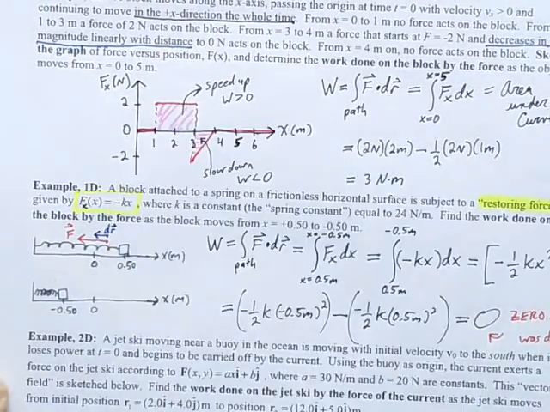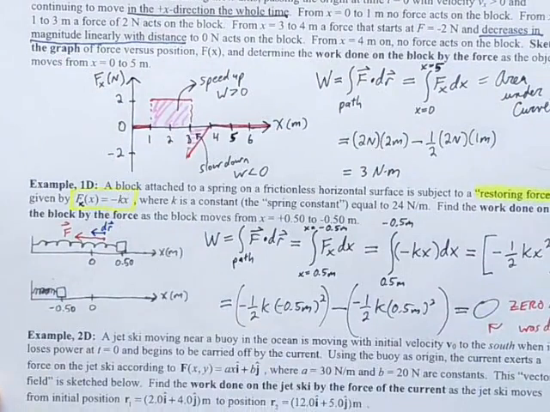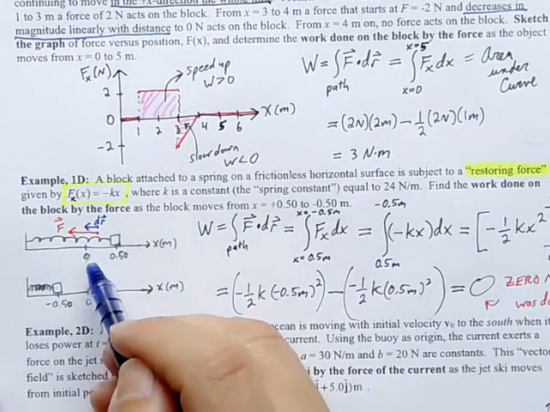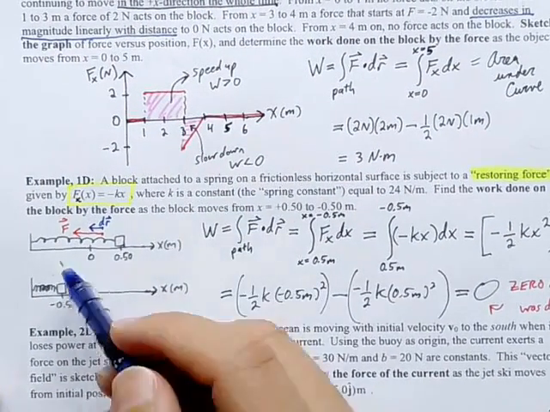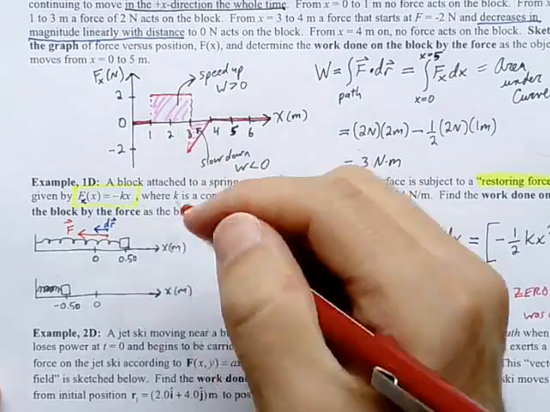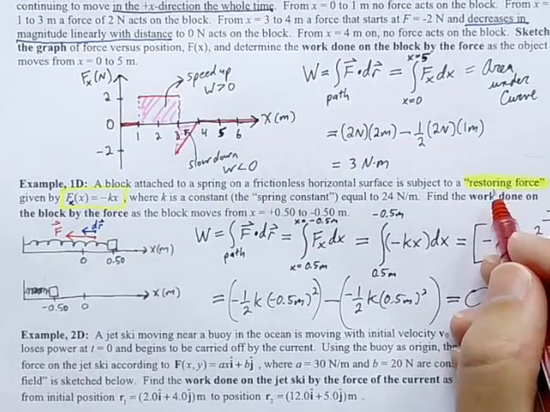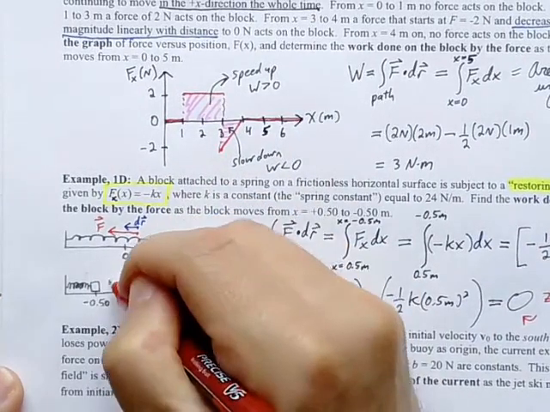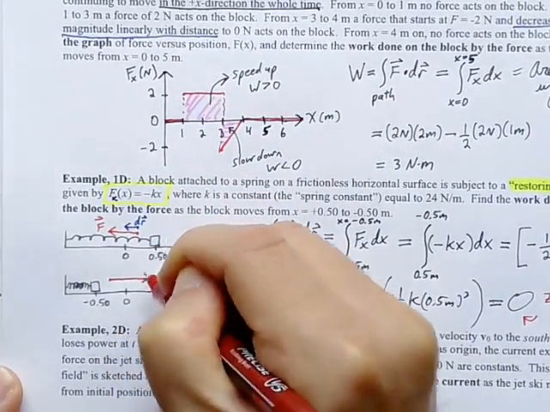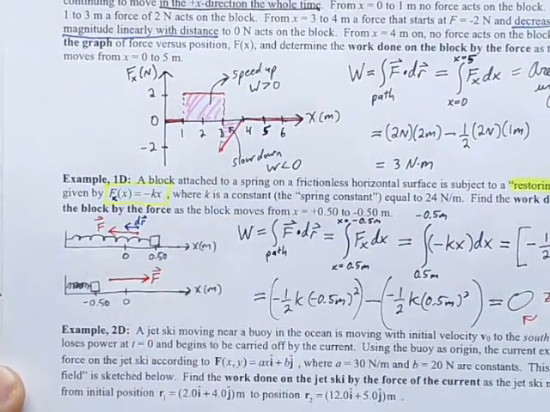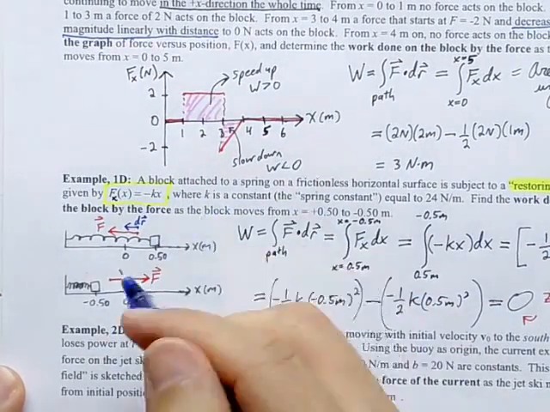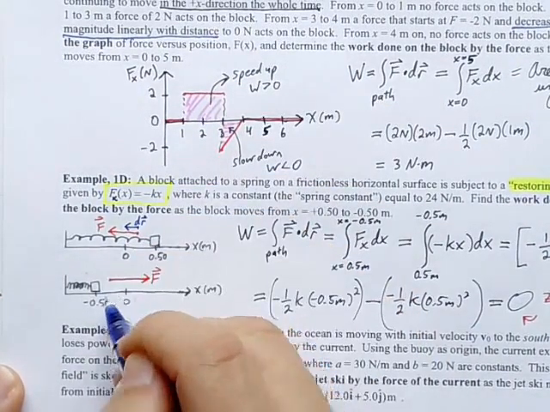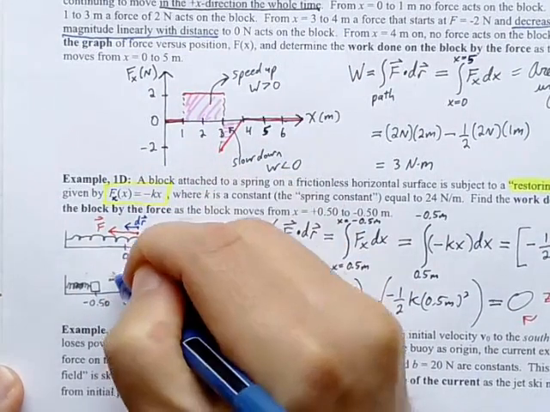This little example displacement vector, dr. But then, after the block passed the equilibrium point, the force on it reverses direction. It's a restoring force, so it always pushes back towards equilibrium. So, past the equilibrium point, our force reversed direction. As the spring was compressed, now the force is pushing the block to the right, as the block continues to move to the left from 0 to negative 0.5 meters.